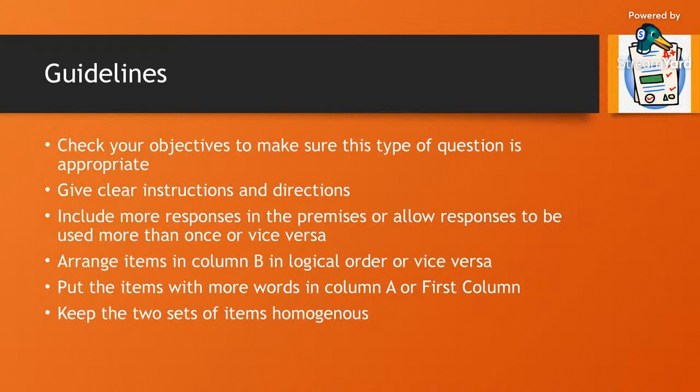Okay? So that's what we mean when we say keep the 2 sets of items homogeneous. So take note of the homogeneity. Okay? Like what I said, dapat similar items lang, items that are focused on a topic ang ilalagay dito sa matching test.